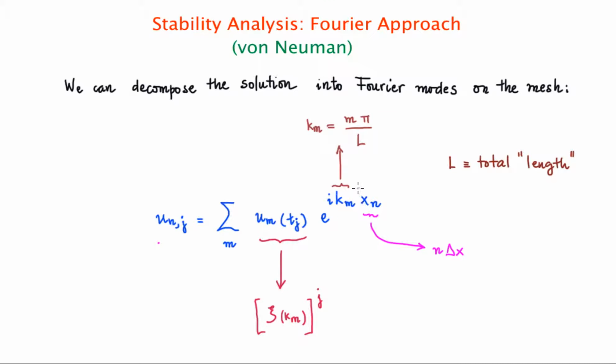The expression of each mode is the following. We have a function, which is different for different modes and depends on time, t_j, times an imaginary exponential of i times k_m, which we defined before, times the position x_n. This x_n, if we are starting at the zero position, is going to be n times delta x.